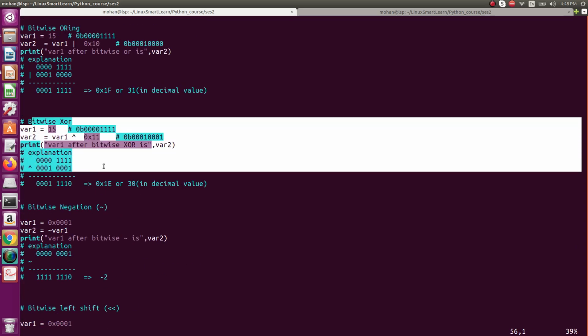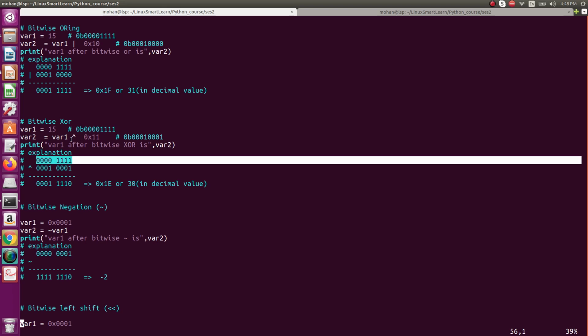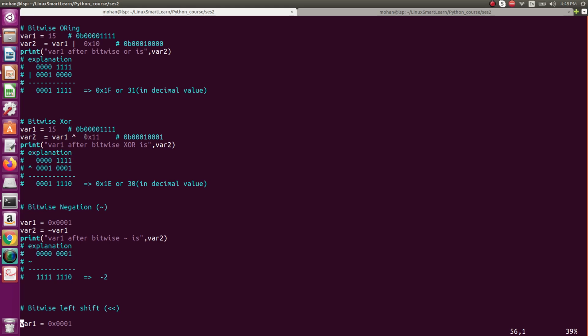Next, let's see the bitwise XOR. In bitwise XOR, it works as follows. Let's say var1 is 15, and we are XORing with hexadecimal 11. This is the value. In case of XOR, if both bits are the same, then we get 0. If both bits are different, then the result will be 1.